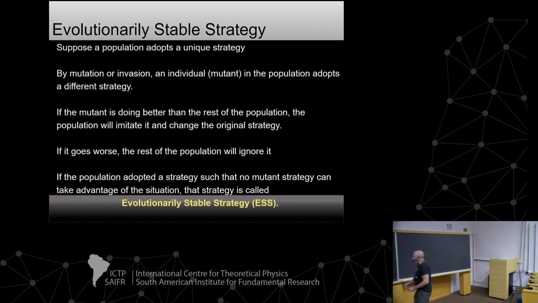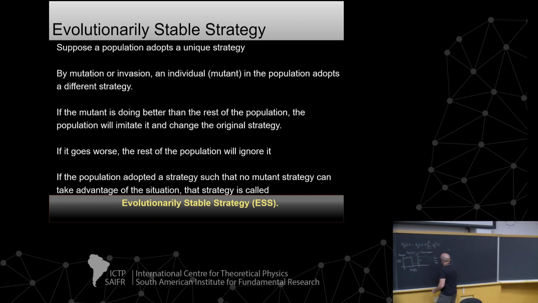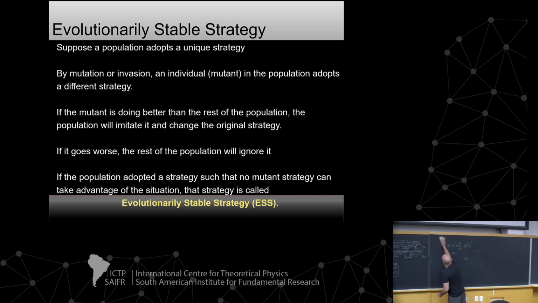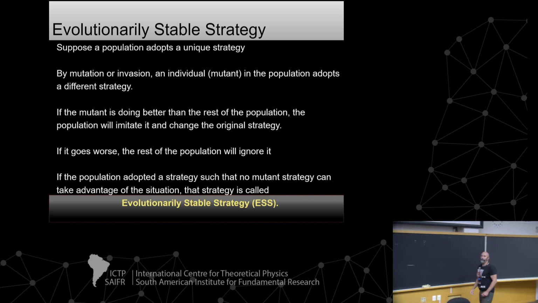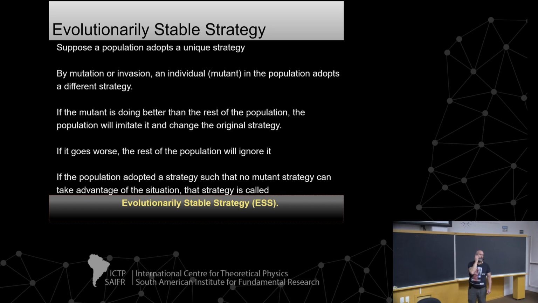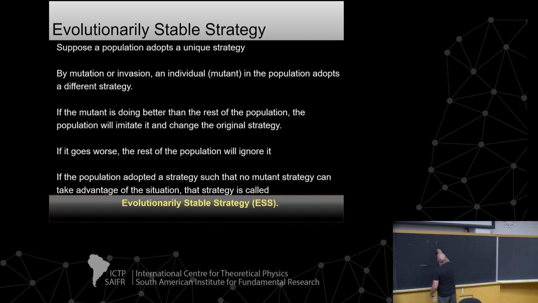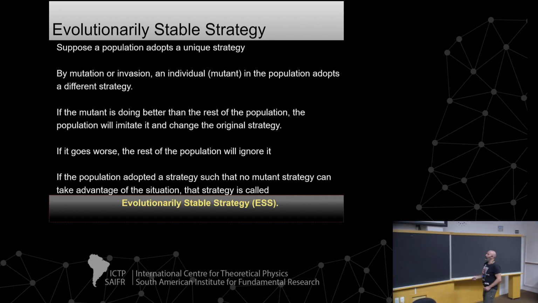I have a population, and all individuals in the population decide to choose strategy P. And suddenly there is a mutant that comes with a different strategy, for example P not.